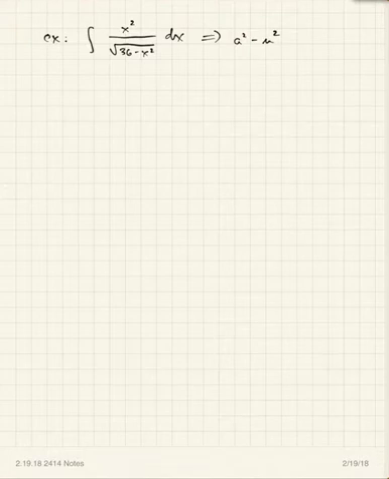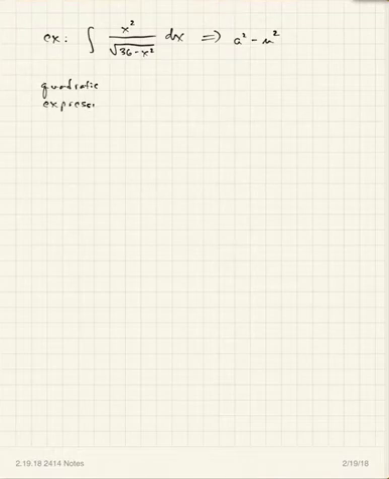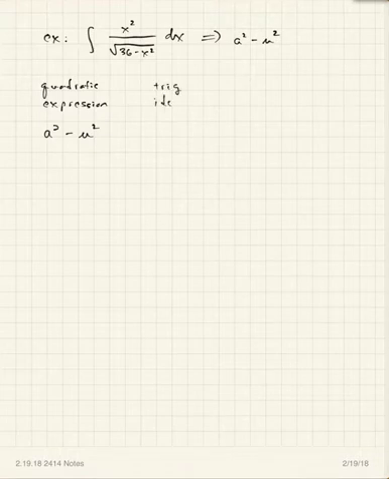And it goes like this: if you have an integral that involves, and we'll make a little chart here, a quadratic expression. So if you have an integral that involves something in the form a squared minus u squared, we're going to take advantage of this trig identity to help us with that kind of expression.